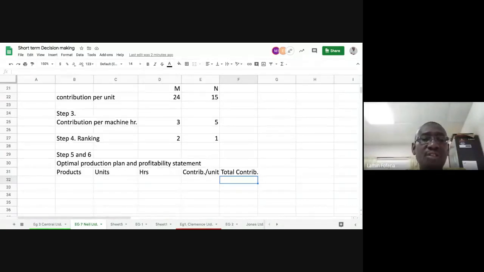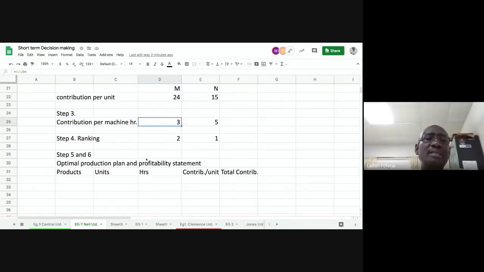The first thing is we have to determine which product we produce first based on our contribution per scarce resource. We have done our calculation. Even though product M has more contribution per unit, 24 pounds per unit of contribution whilst N has 15 pounds per unit, our problem is not the unit.